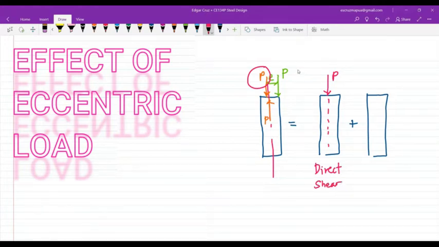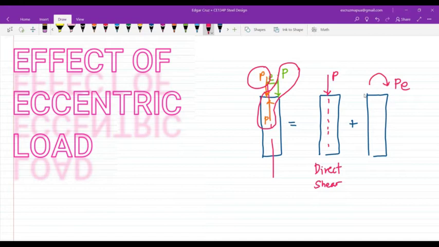Tapos, if you consider naman ito, this P together with this P, 'di ba, this is a couple. And that couple is actually P times the distance between them, the eccentricity E. And couple is a moment. And the direction of the couple based from this given example would be clockwise. Kasi yung P pababa na green, tas yung P na orange pataas.